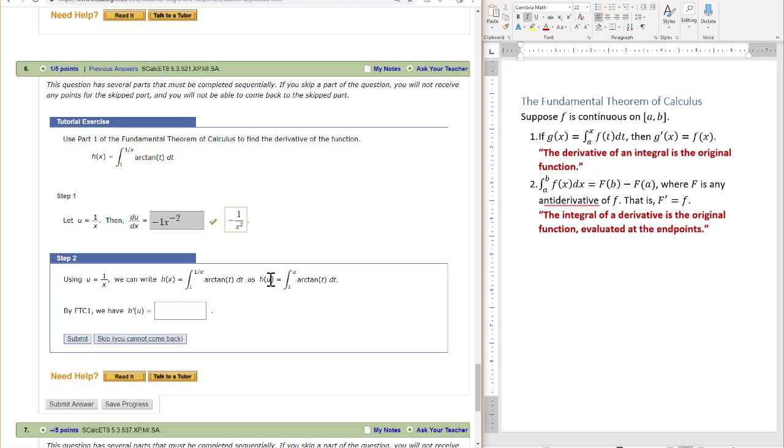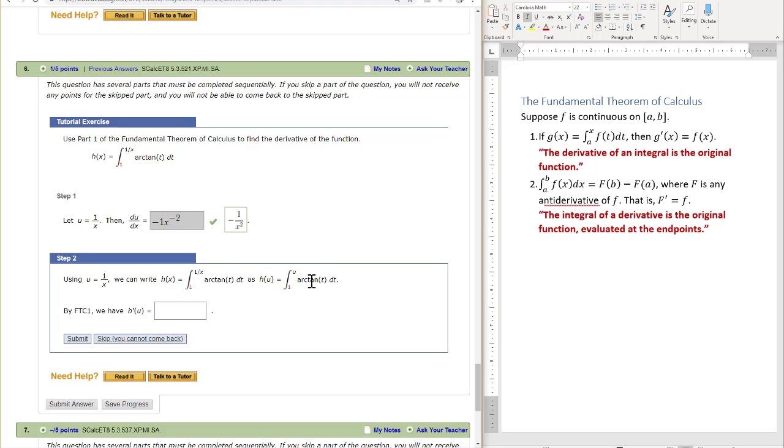Now we're doing a u substitution here, and so the derivative is going to include the chain rule. Without the chain rule, we're just going to take a look at h prime of u.